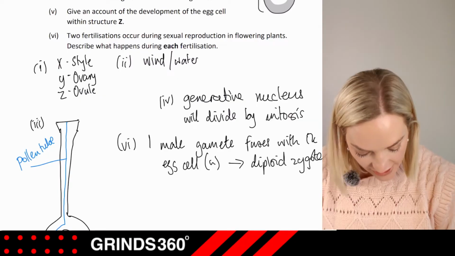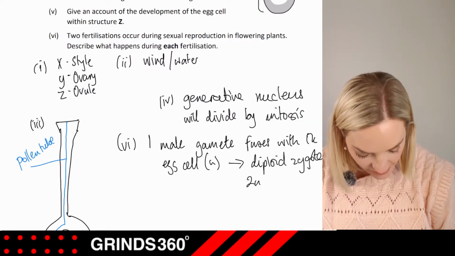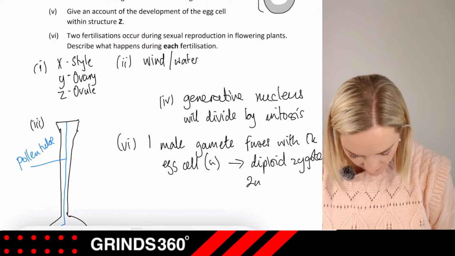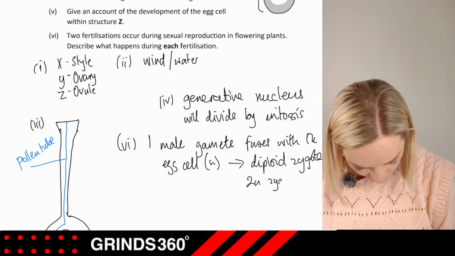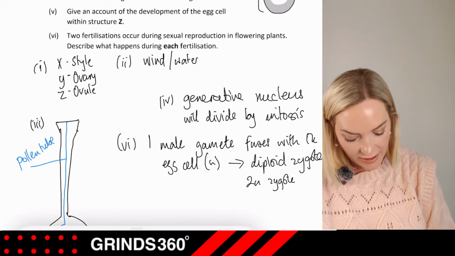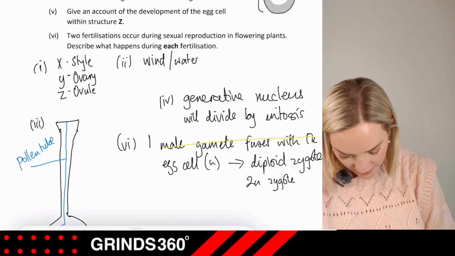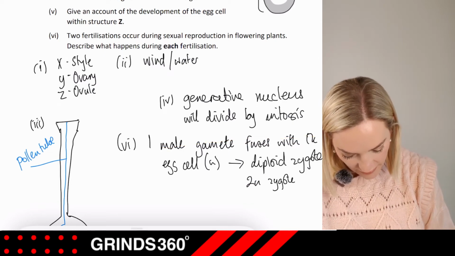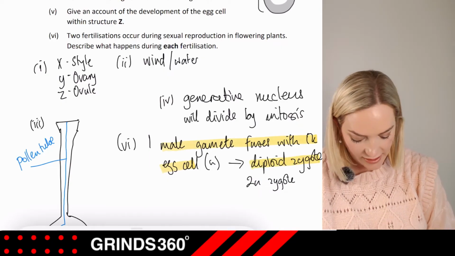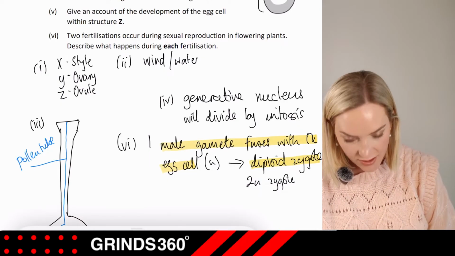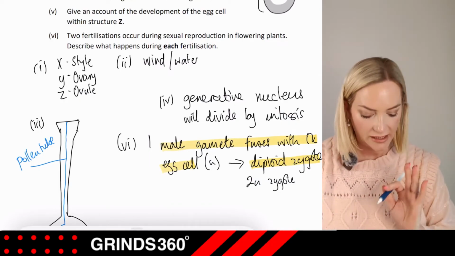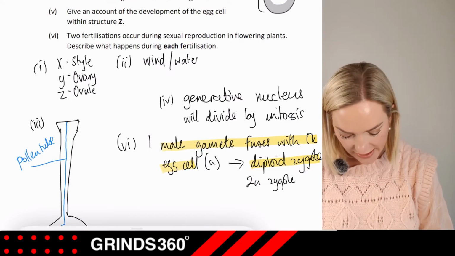You could also literally say 2N diploid zygote. So the marks for that will be: a male gamete fusing with the egg to become our diploid zygote, 2 3s. 3 marks for your first male gamete in the egg, 3 marks for forming your diploid zygote.